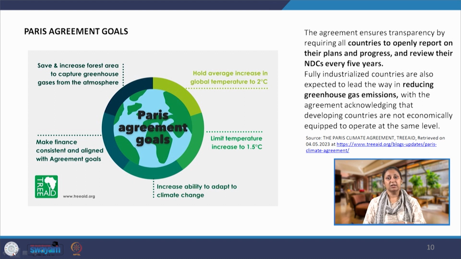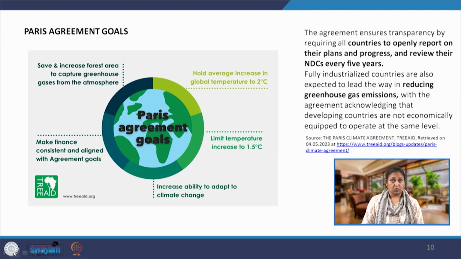There are certain provisions within that, but unlike the Kyoto Protocol, there are no flexibility mechanisms being discussed, but the fact remains that the carbon trading mechanisms, the platforms, already exist, and they are continuing even after the Kyoto Protocol has ended.